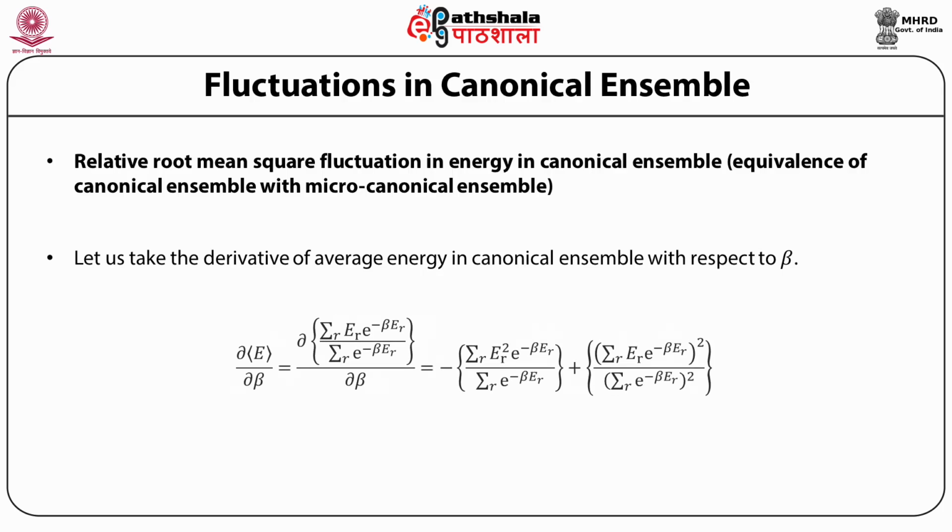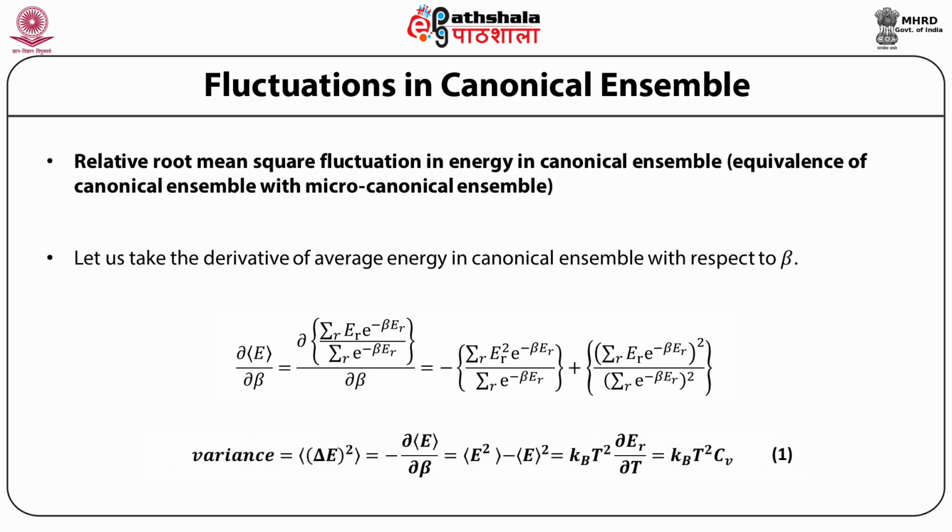That is, partial derivative of mean energy with respect to beta is equal to partial derivative of summation over r Er e raised to power minus beta Er divided by summation over r e raised to power minus beta Er with respect to beta, which is equal to negative of summation over r Er square e raised to power minus beta Er divided by summation over r e raised to power minus beta Er plus summation over r Er e raised to power minus beta Er whole square divided by summation over r e raised to power minus beta Er whole square.